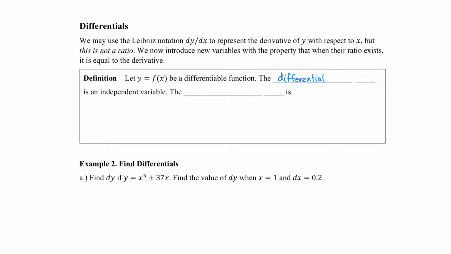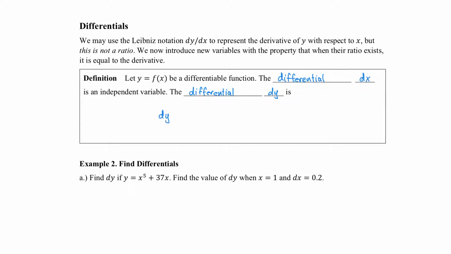The first one we'll call dx. This is the independent variable, which makes sense because x is our independent variable. And then we have a dependent one. That is to say, we have another differential, and we'll call that dy, and it's simply defined as stated above: when the ratio of these exists, it is equal to the derivative.